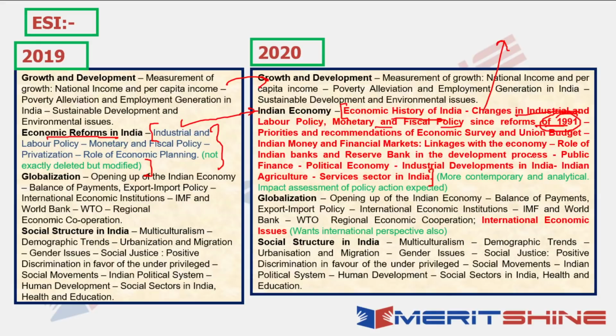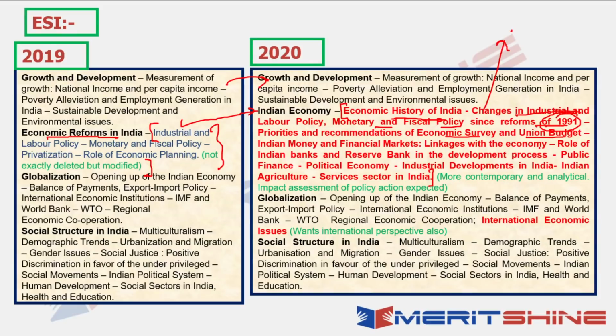Agreed, you might not have gone into detail on them, but you must have touched them in one way or the other. So you are not uninitiated in these issues. Are you uninitiated in these issues? No, right? Yes, the detailing has been increased, so you will have to go into more detail in these areas.